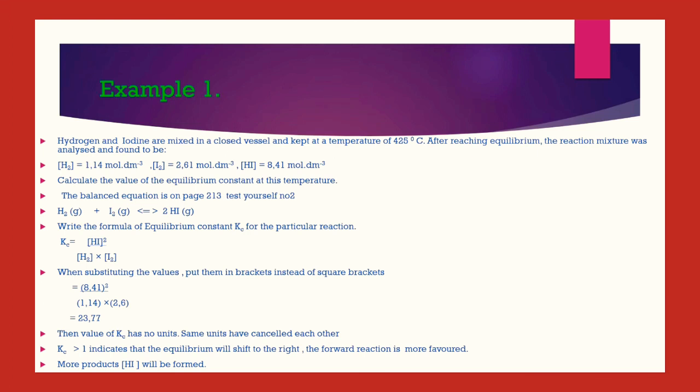Write the formula of the equilibrium constant for this reaction. Kc equals the concentration of hydrogen iodide, HI, in square brackets raised to the power 2, over the concentration of hydrogen gas, H2, in square brackets multiplied by the concentration of iodine gas, I2, in square brackets.